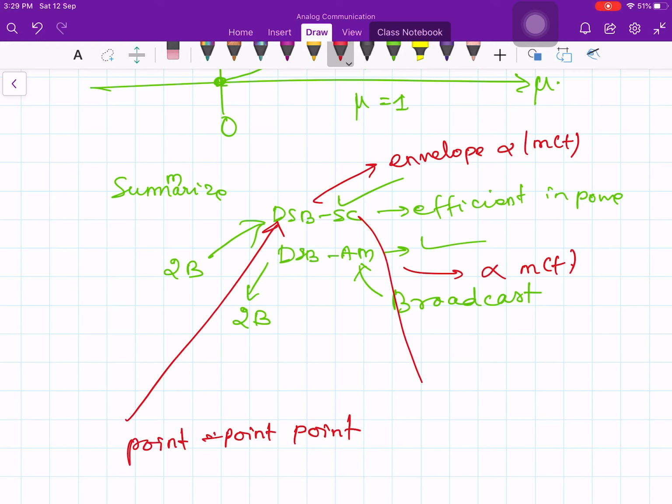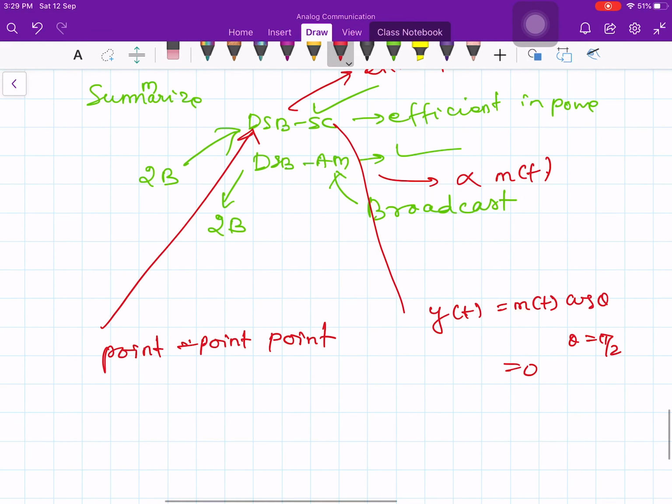See, in the DSBSC we said output y of t is equal to m of t times cos theta. When theta becomes pi by 2, then output becomes 0. Okay, so this is the disadvantage of DSBSC modulation. Actually, we can convert this disadvantage into an advantage. Now, you can ask a question, how can we convert this disadvantage into an advantage?